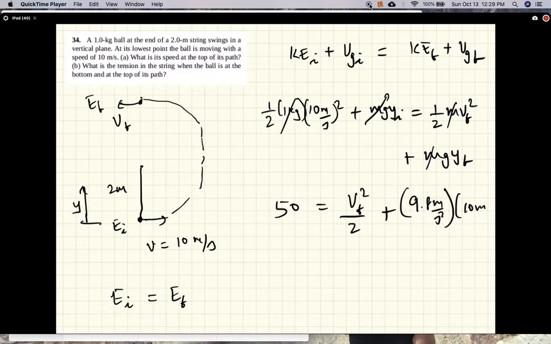Y final is 10 meters. Okay, so Vf squared is 100 minus 9.8 times 20.